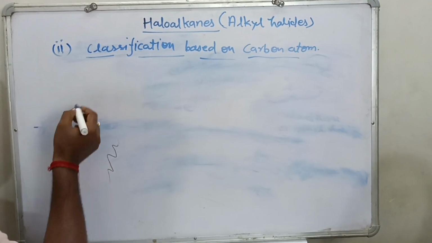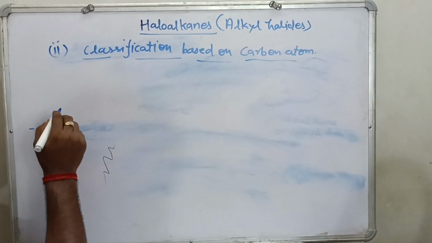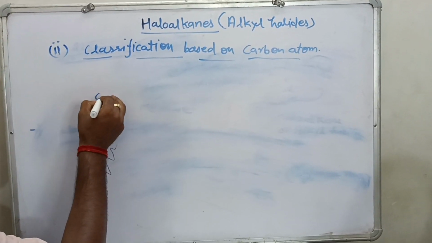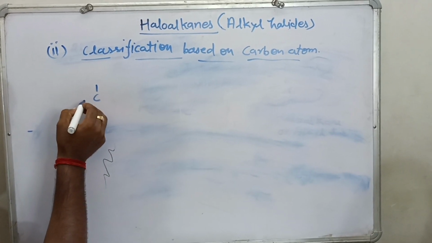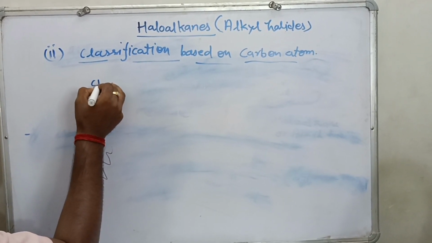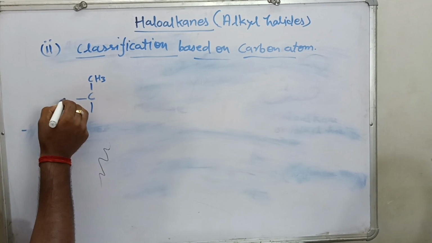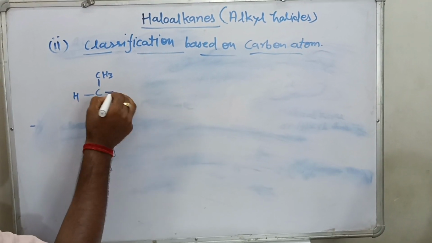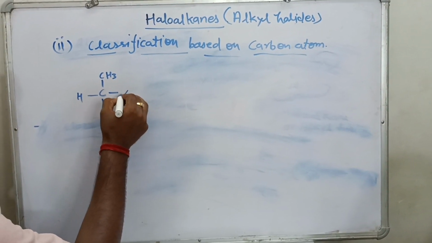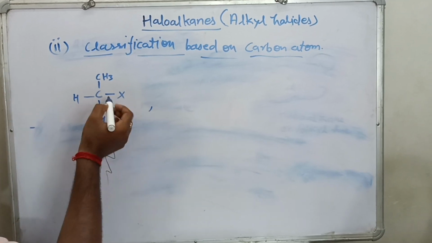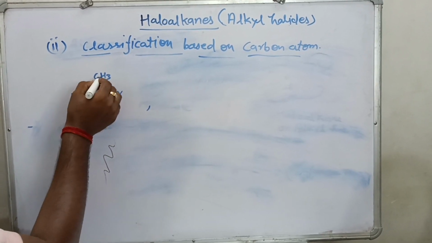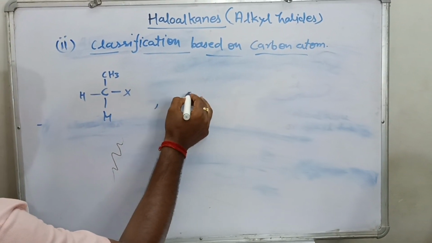So now the second classification is based on the carbon atom, and as we know, carbon atoms have four types. So this one is a primary carbon atom, because this carbon is attached to only one carbon atom.